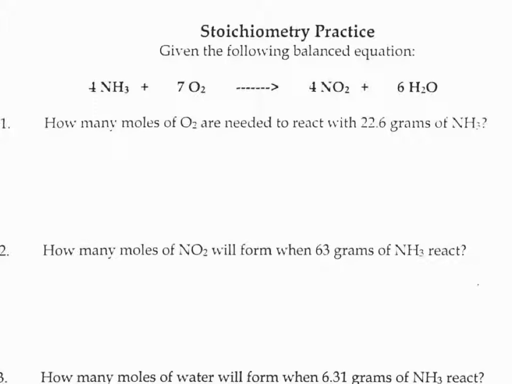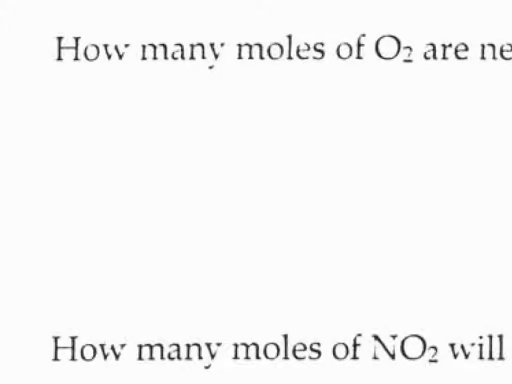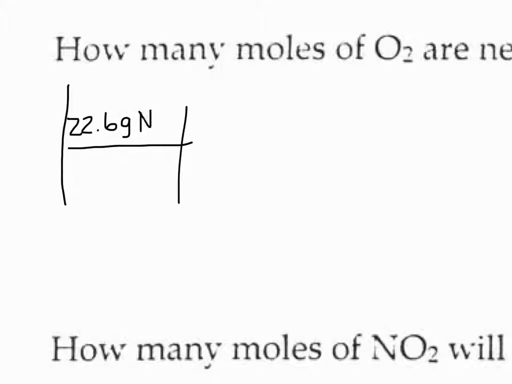So the first step to all of these problems is to write down what we start out with, and what we know. So for that, we're going to write down 22.6 grams of NH3 over 1.